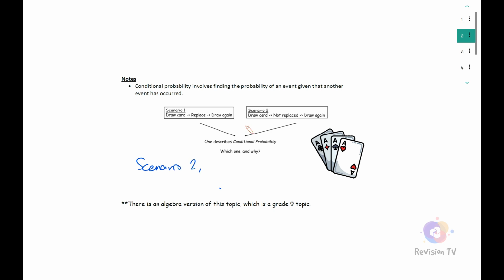But why? Because when the drawn card is not replaced, there is one less card after the first draw.